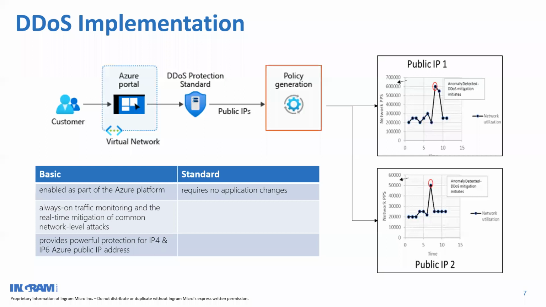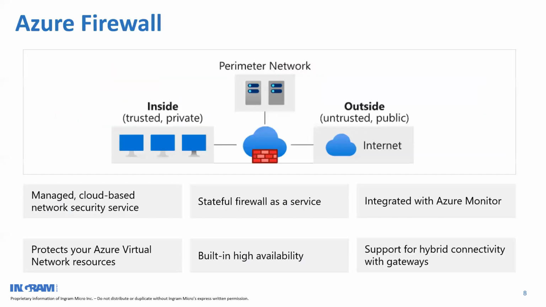So for example, as you can see in this graph, if you have anomalies, if you have unexpected spikes in terms of traffic coming through or going out of those IPs, then the standard plan has the intelligence to alert you, to give you the details of from where and how this traffic is being originated. So in a demo, we'll quickly look at how you can enable the standard plan and how you can associate it with the public IP. We do have quick demos as part of the session, and I'll quickly run through the DDoS piece as well.